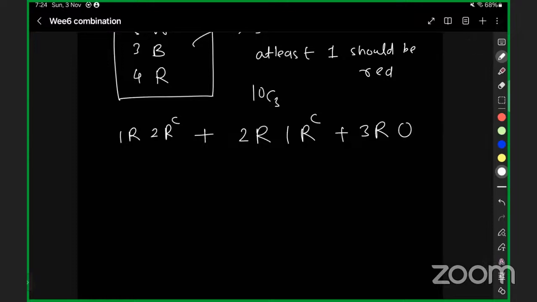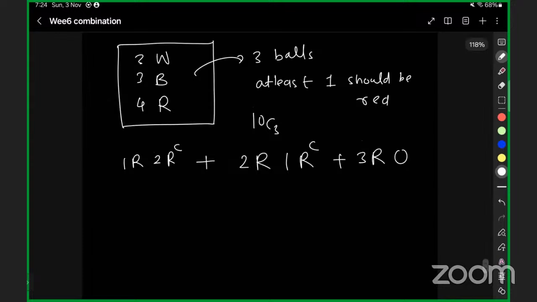So how will you do it? 1 red, how will you get 1 red? 4C1. And how many are not red? Sorry, 3 and 3, so 6 are there. You have to choose 2, 6C2.